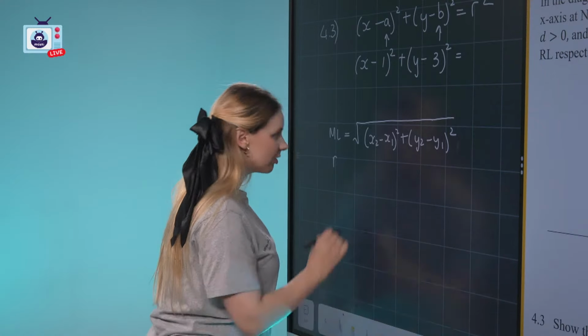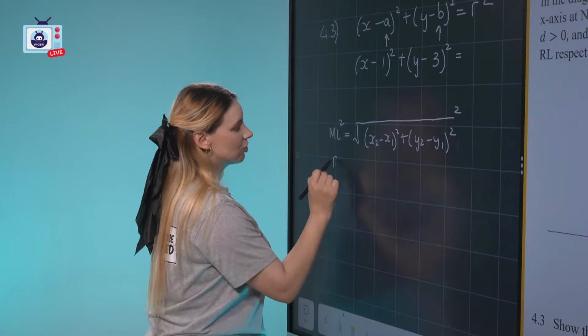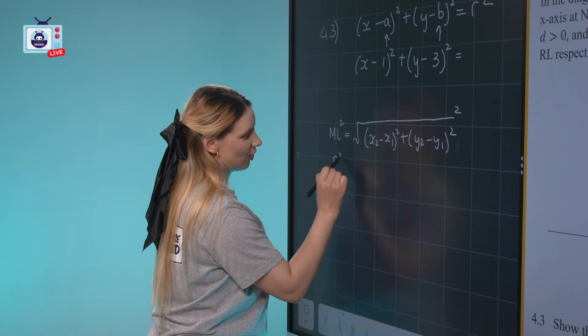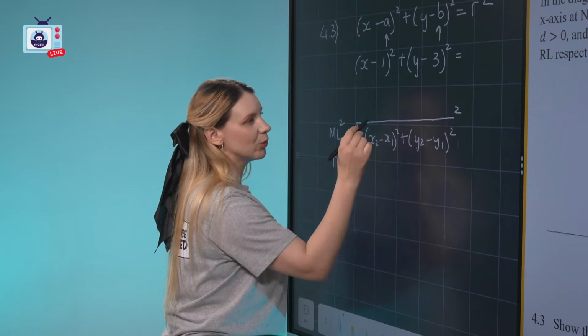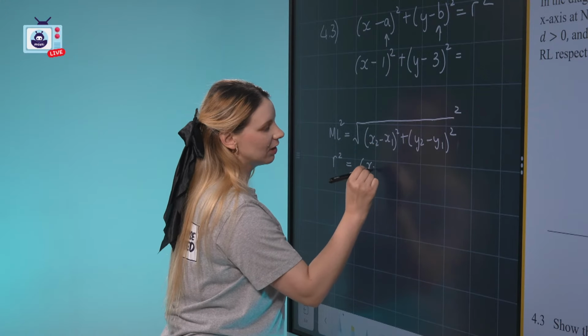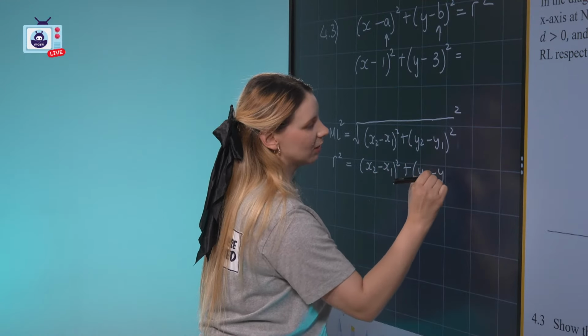What I'm going to do now is square both sides, and that will get rid of the square root. So it's actually ML, which is r. I'm going to write it as radius squared equals, and the square root will fall away now, x2 minus x1 squared plus y2 minus y1 squared.